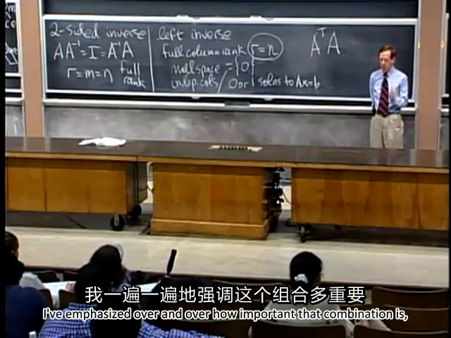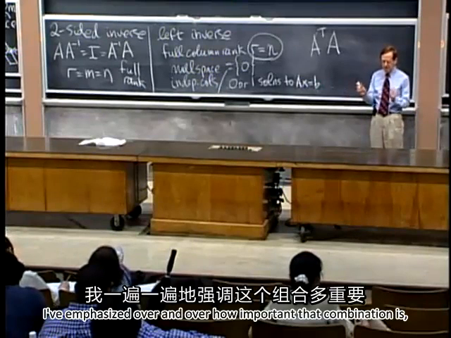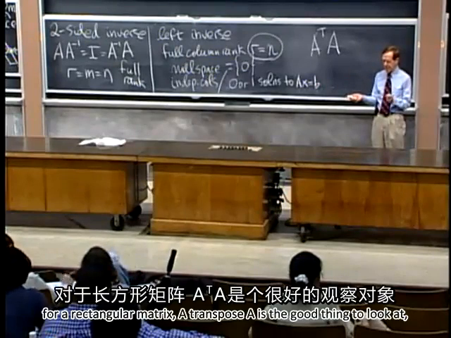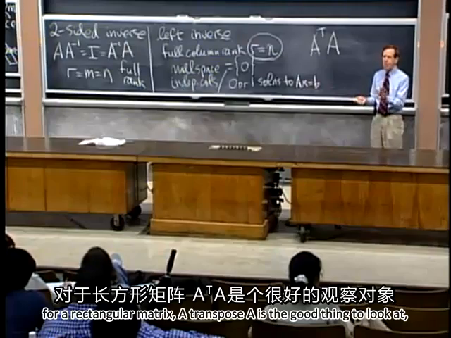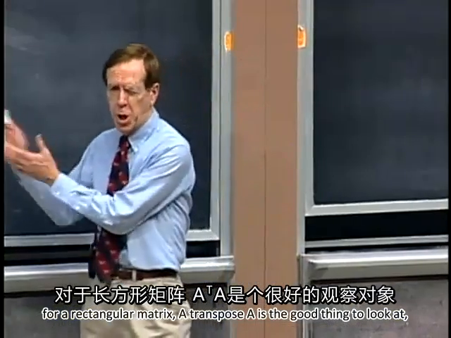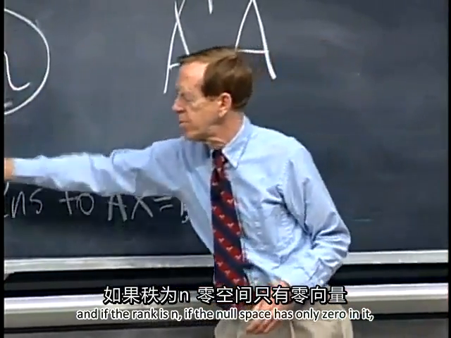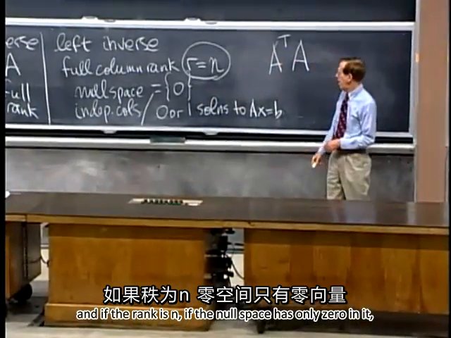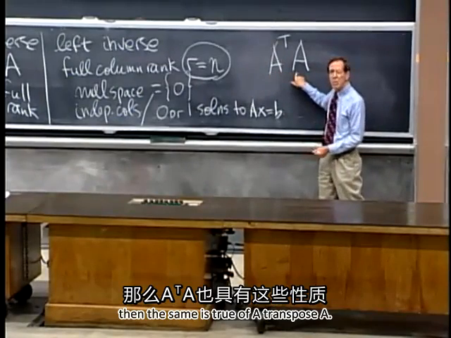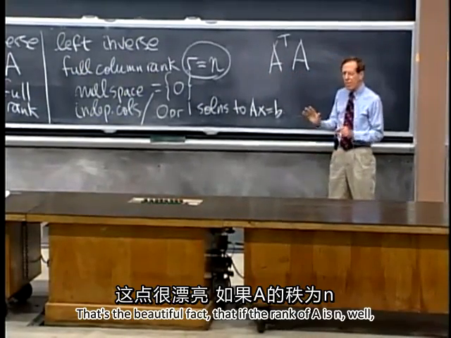I've emphasized over and over how important that combination is. For a rectangular matrix, A transpose A is the good thing to look at. And if the rank is n, if the null space has only 0 in it, then the same is true of A transpose A. That's the beautiful fact.